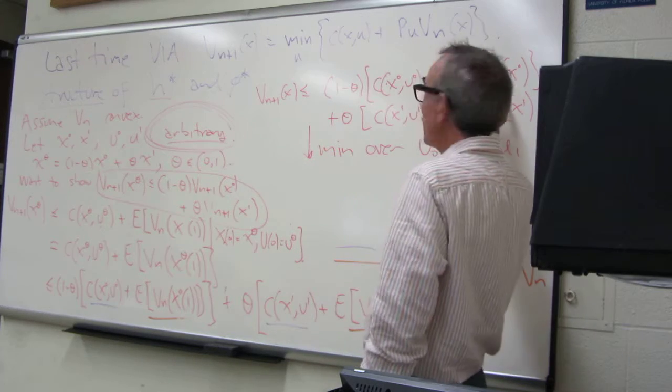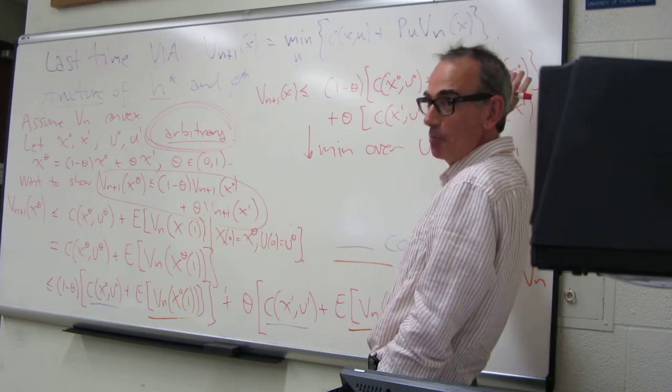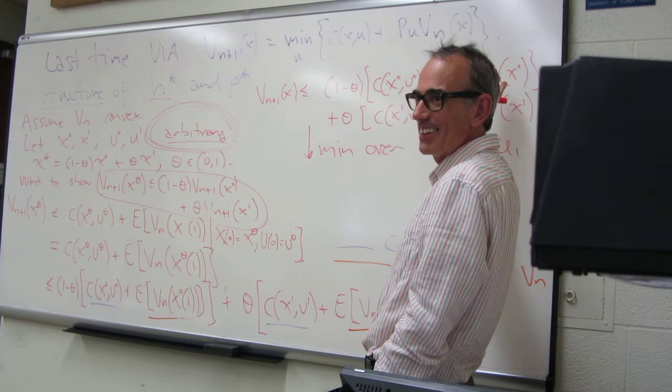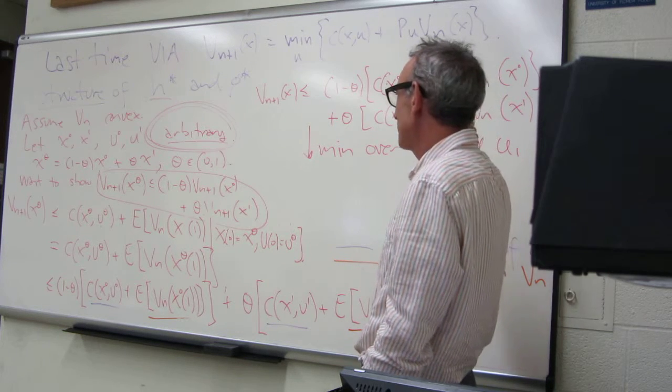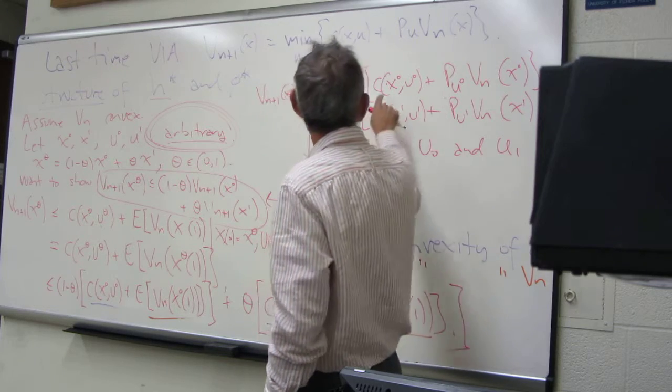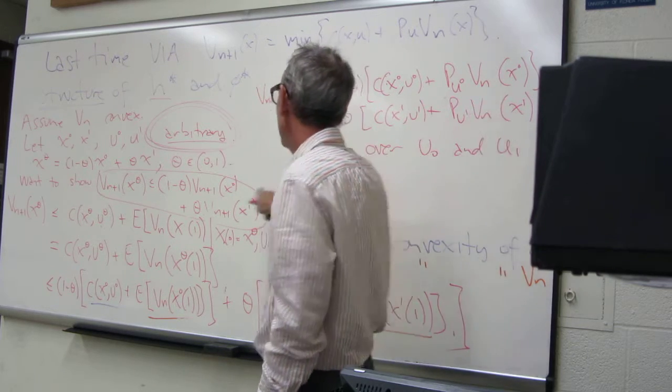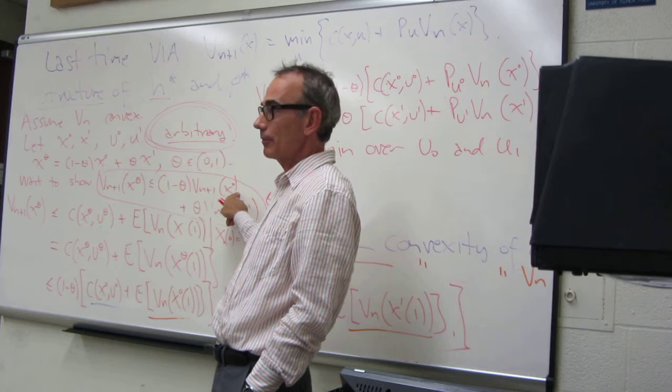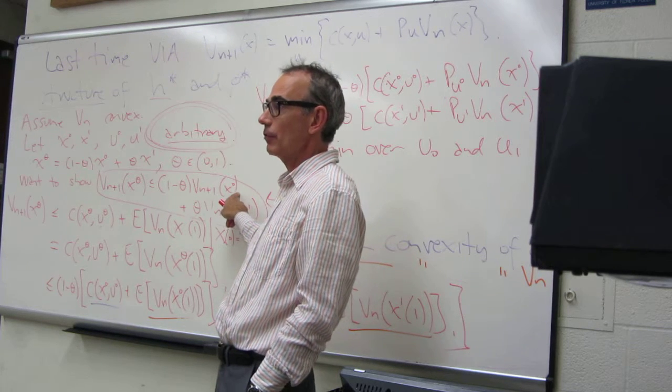When I take the minimum of this over all u0, what do I get? I get v_{n+1}. The minimum of this over all possible u0 is nothing more than v_{n+1} of x0. The definition.